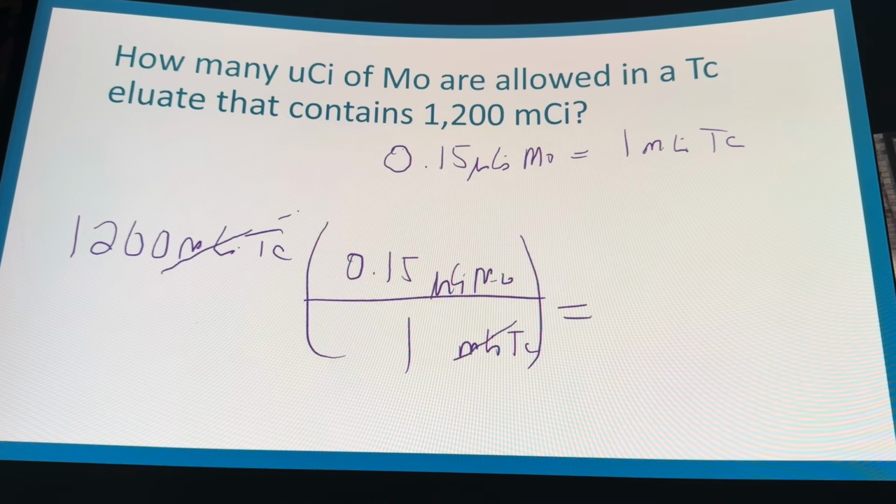Millicurie of tech cancels. 1,200 times 0.15 gives me 180 microcuries of moly that I can have if I have 1,200 millicuries of tech.